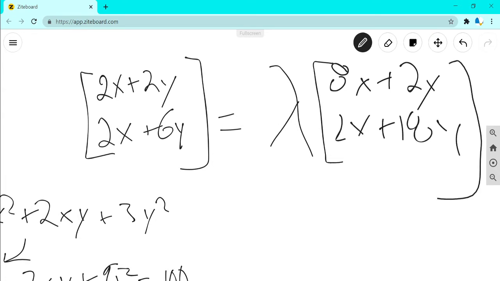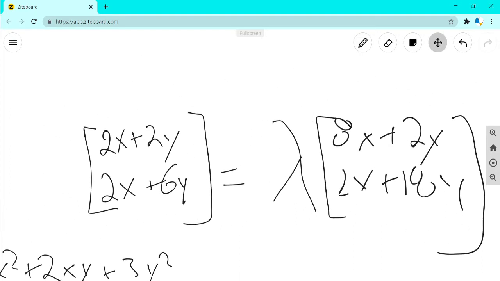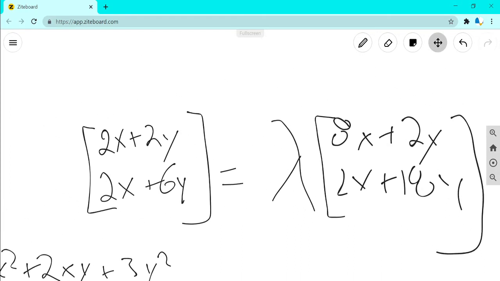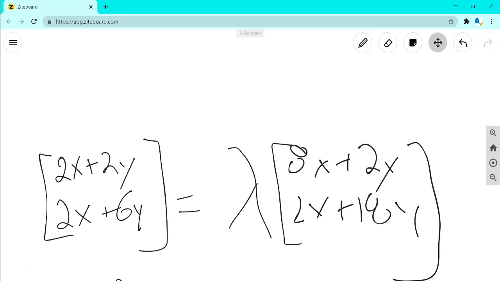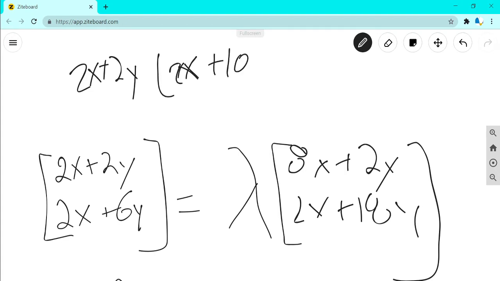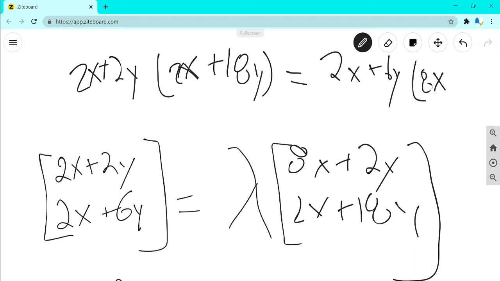So I would ignore the lambda. It's basically saying they're multiples of each other, so all you really have to do is cross multiply and set them equal. So 2x plus 2y times 2x plus 18y is equal to 2x plus 6y times 8x plus 2y.